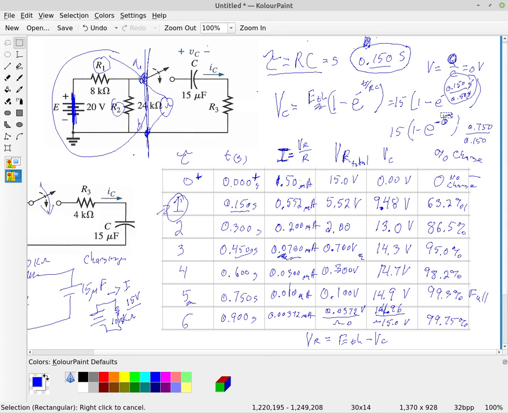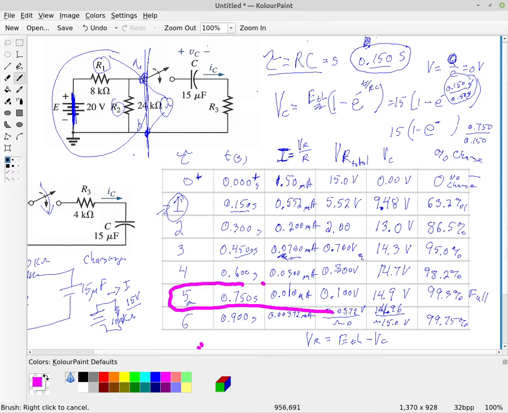But it takes about five time constants to reach over 99% of full charge.